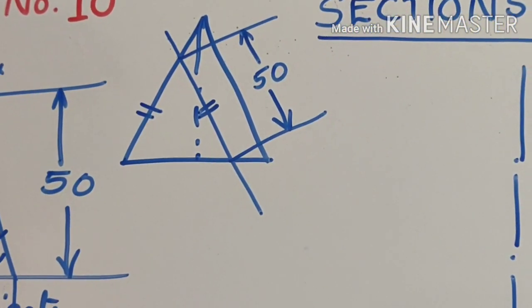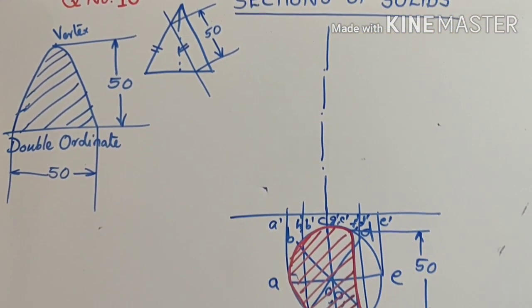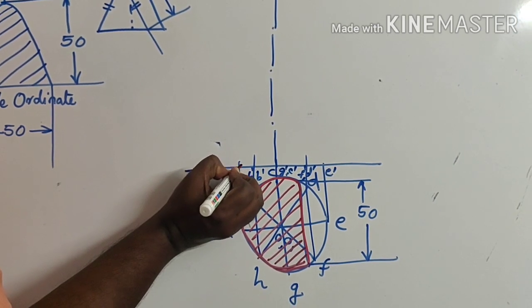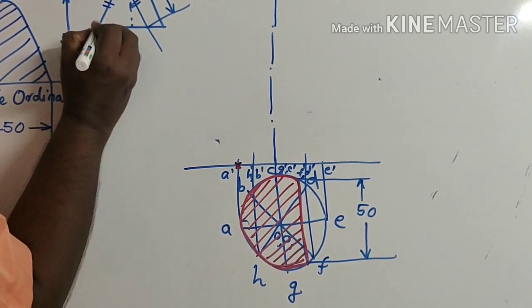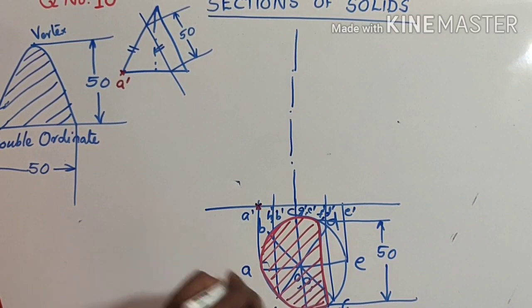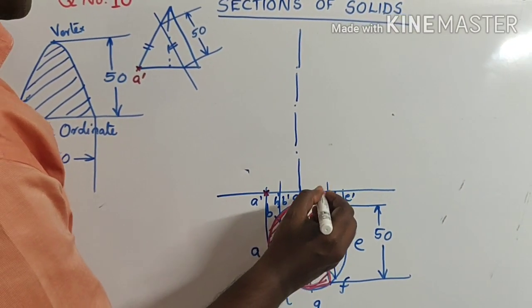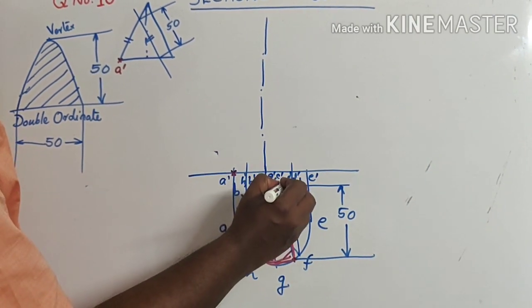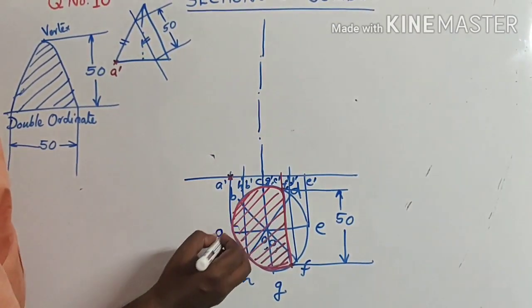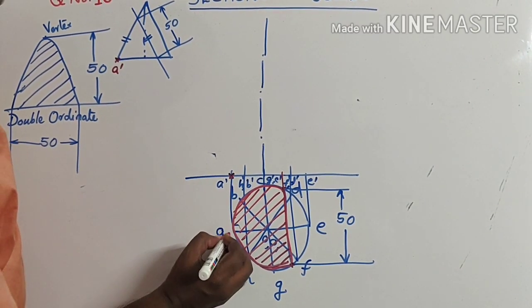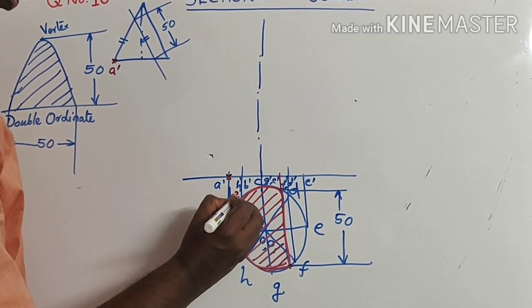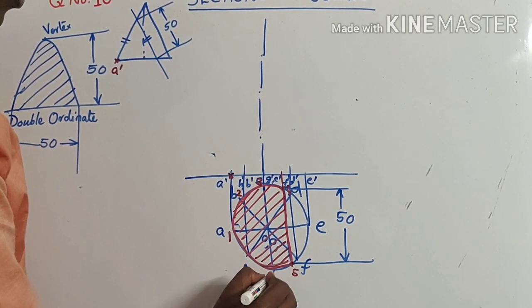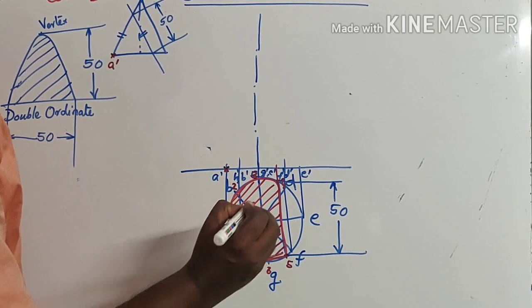Now we can do one thing. See, already we have got A dash as one point. Assume that you can have 1, 2, 3, 4, 5, 6 and 7.